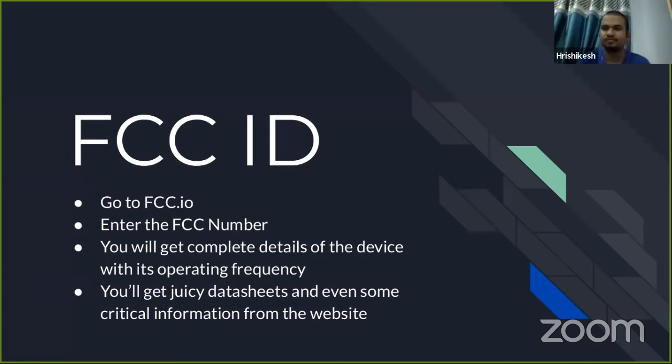You can check its FCC ID, check its operating frequency, and then tune your own hardware device to that particular frequency range, start sniffing the air, and you will be able to get the signals into your GNU Radio Companion.